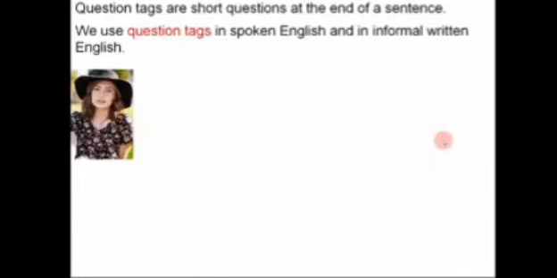I'll show you 3 examples of question tags. She's pretty, isn't she? Isn't she is the question tag, while the sentence in this case is she's pretty. So take note that a statement must come before the short question that is added to it to make a question tag.